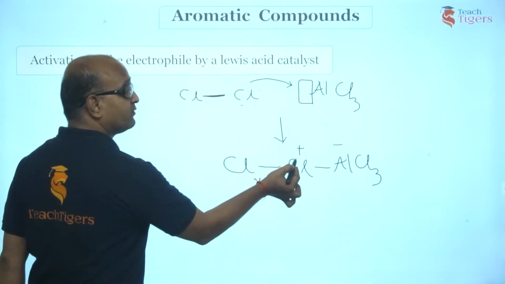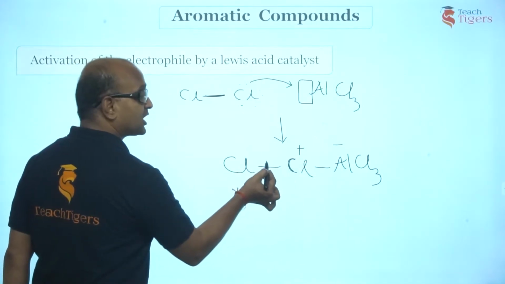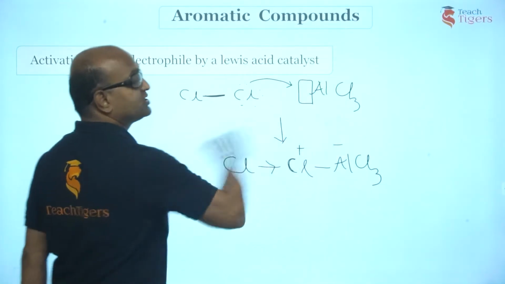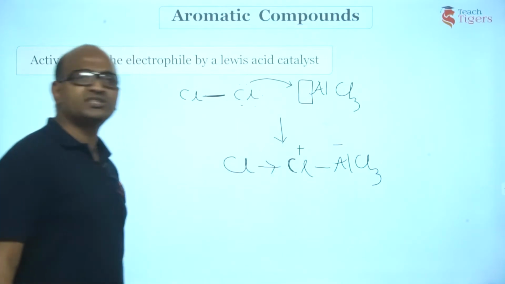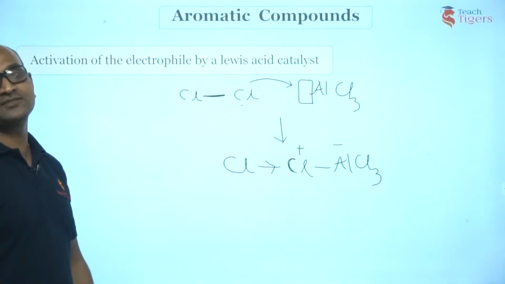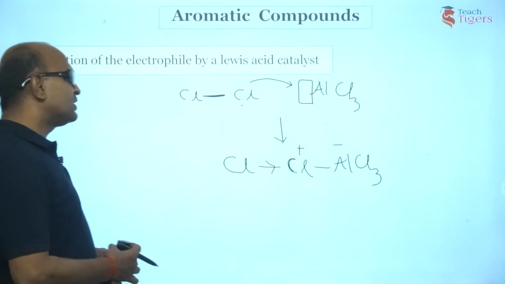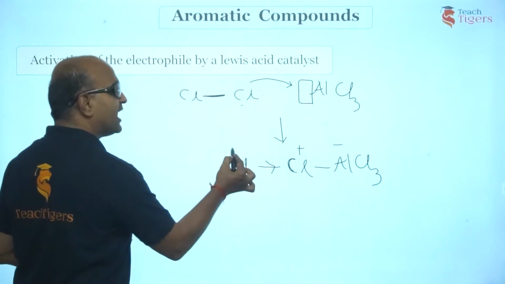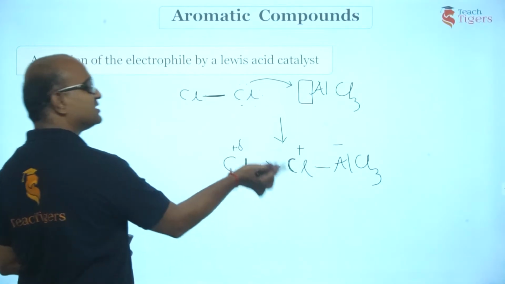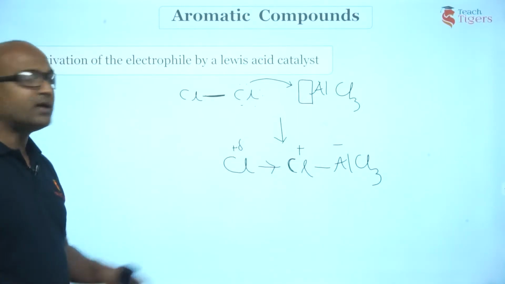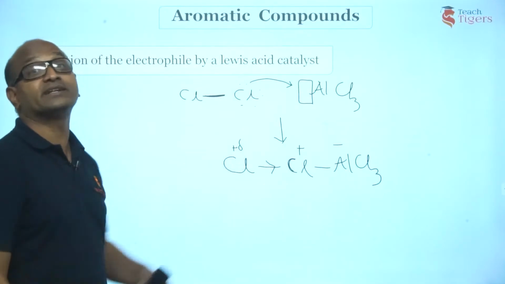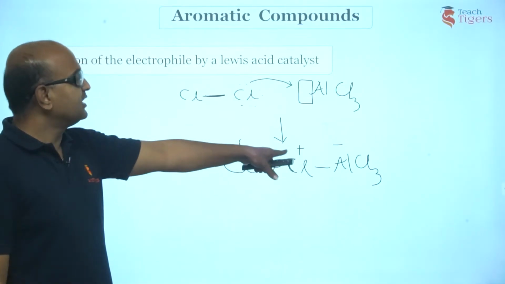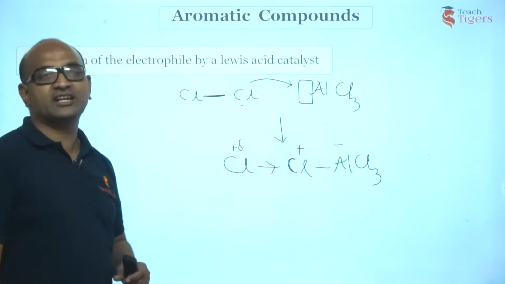Now this chlorine with positive charge will try to pull the electron cloud towards its side. Because it is having a positive charge, it cannot bear the positive charge. Am I right, guys? So what does it do? When it tries to pull the electron cloud from this chlorine, we have a partial positive charge on this chlorine atom now. Why? Because this chlorine is more electronegative. Why more electronegative? Because it has got a positive charge on it.